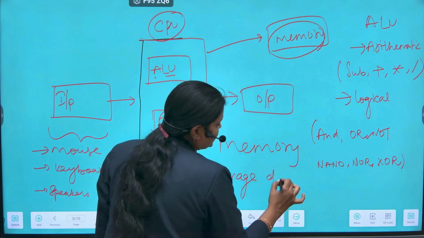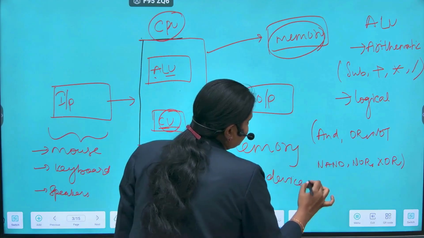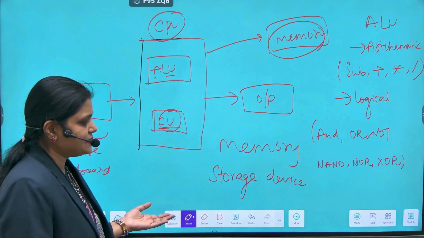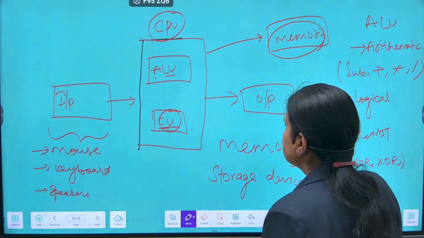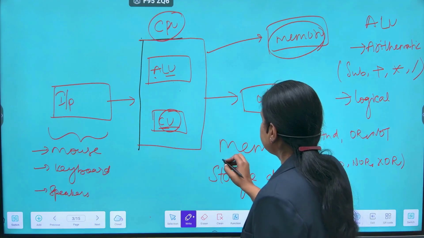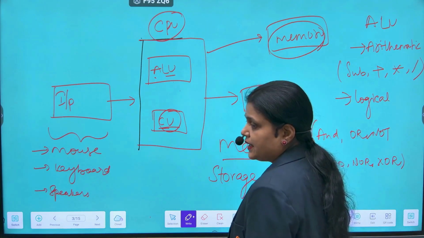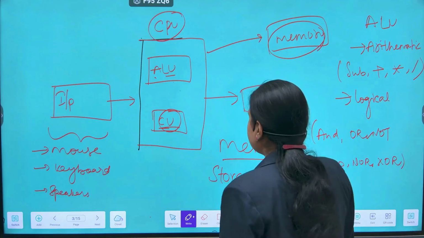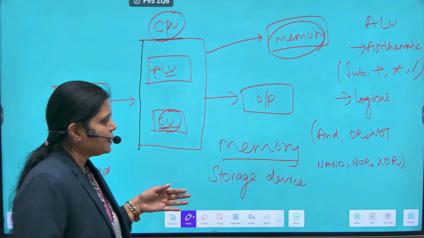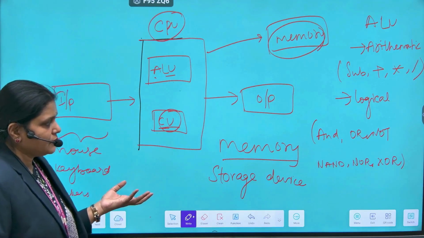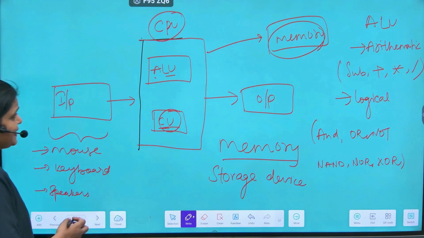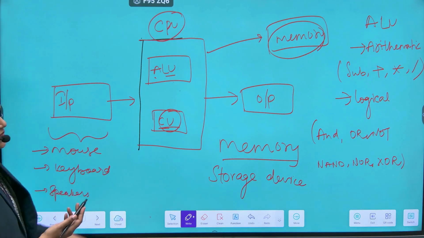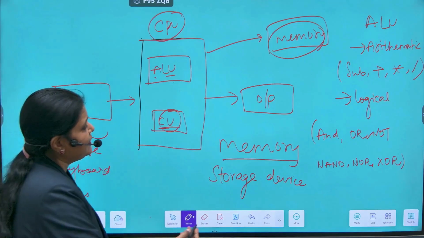Memory is a storage device. There are various kinds of memories, and we will be reading about them. Memory is used to store data and to fetch data, and it stores data permanently and also temporarily. We will be discussing the arithmetic logical unit and memory in detail.